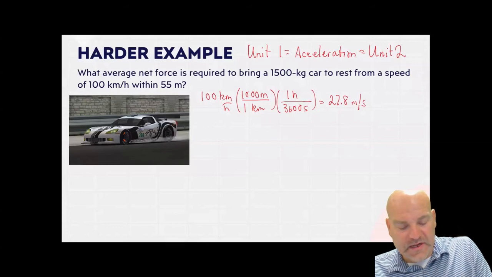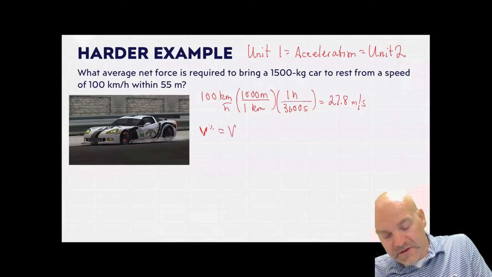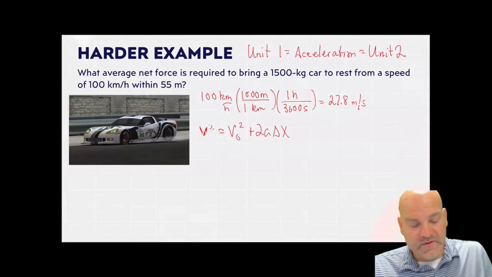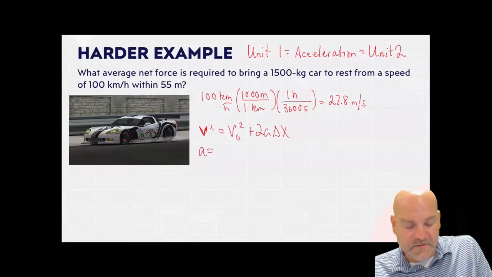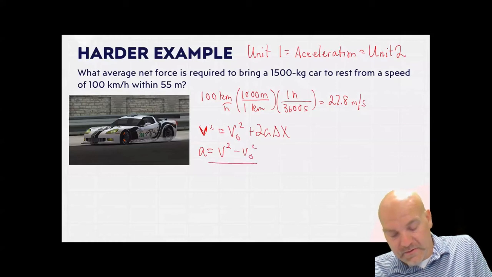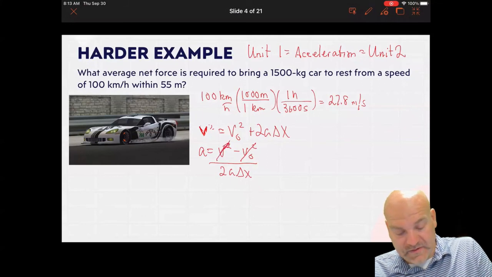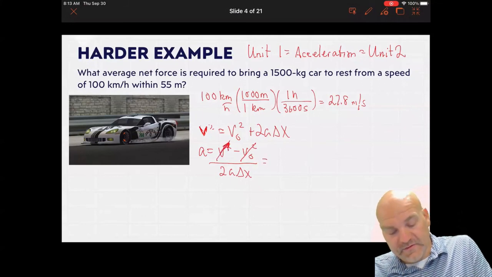Then we're going to use one of our motion equations, our cake equations. We're going to use the equation with no time, and we're going to solve it for acceleration. It's this one we're crossing out.